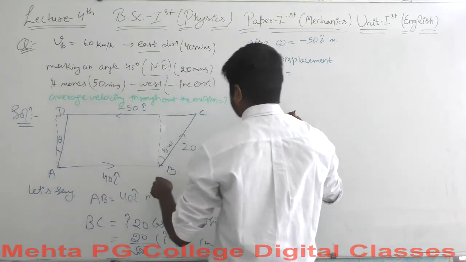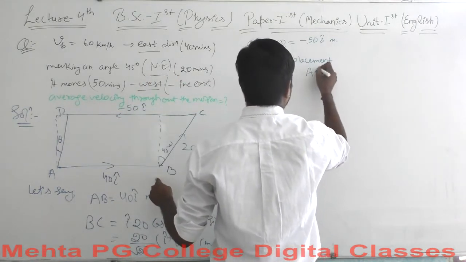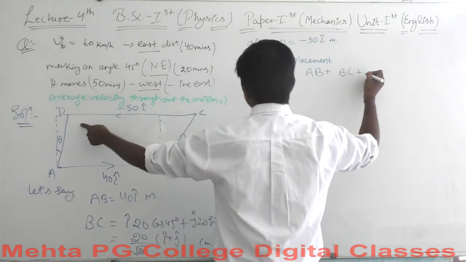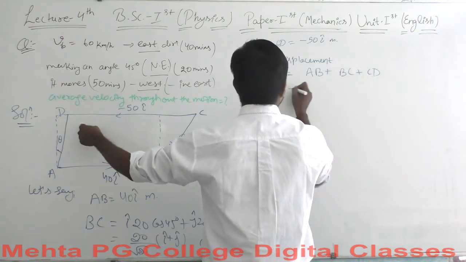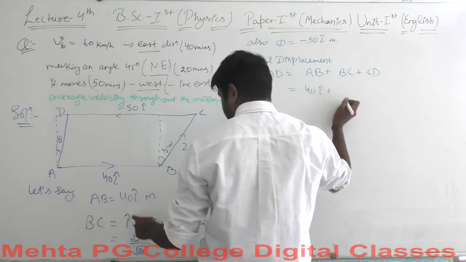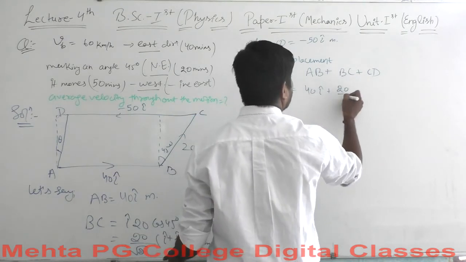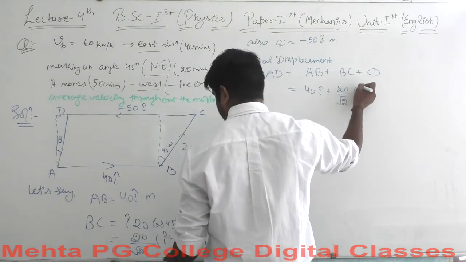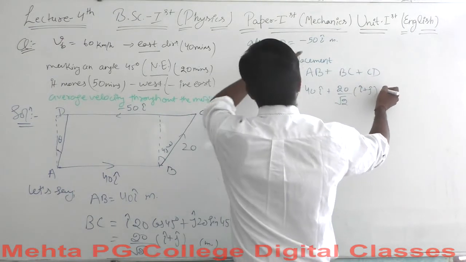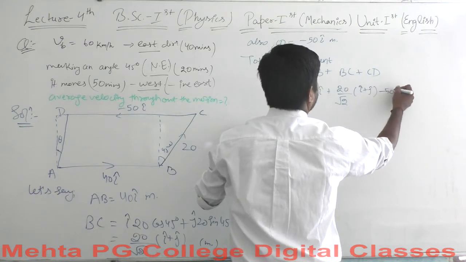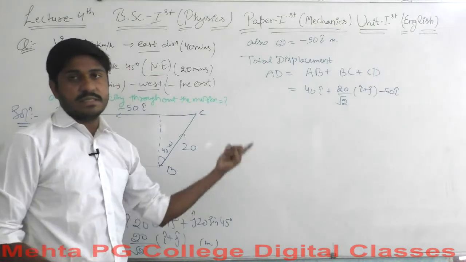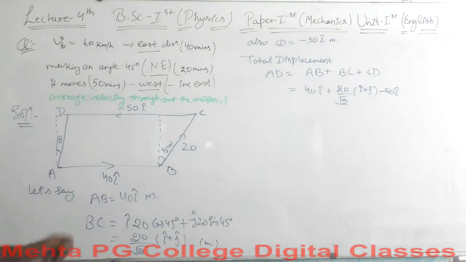What is it? AB plus BC plus CD. What is the value of AB here? AB is equal to 40 i cap, plus BC is equal to 20 over root 2 i cap plus j cap, plus CD is equal to minus 50 i cap. This is the total displacement. Yes, these are all the time components written in front of you.